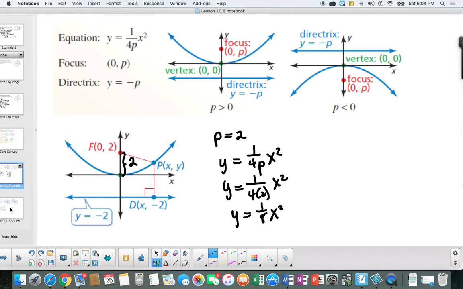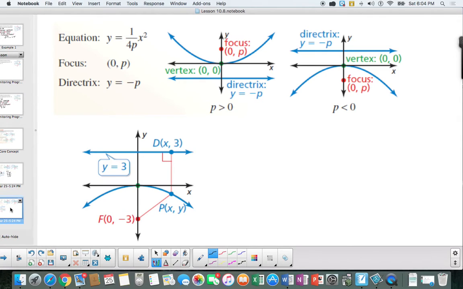Okay, now I'm going to go to the next problem. This is the other one that I did, and let's see if we can find the equation without going through the distance formula. Now the first thing I want to do is examine what P is. P is always the distance from the focus to the vertex. Since it's going down, this is going to be a -3. So I know immediately P is equal to -3.